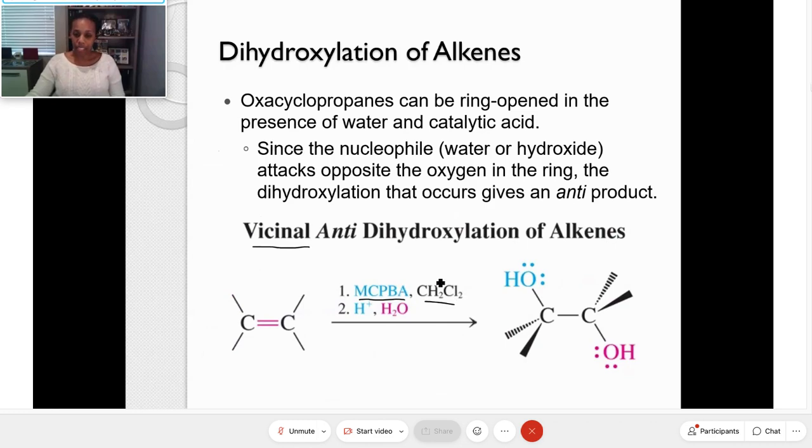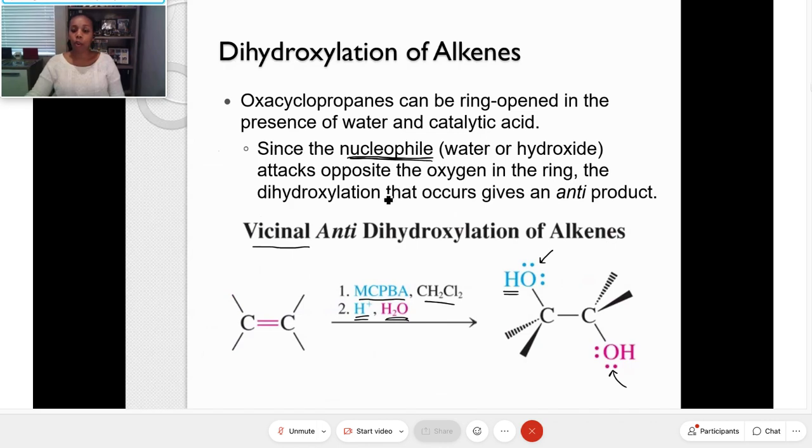So what we have here is MCPBA adding one of the oxygens. And then the other oxygen, they've color-coded it, comes from the water. One oxygen comes from MCPBA, the blue one, and the other oxygen comes from water, the pink one. This hydrogen, though, would come from the acid. So we can add any kind of a nucleophile in here to ring open an oxycyclopropane.